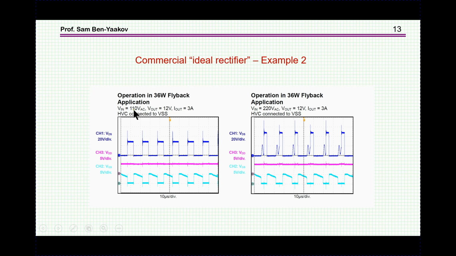Here is a 110 AC input, this is 36 watt, and for this particular flyback it's in the CCM, continuous current mode, while here, when the voltage is 220, it entered the DCM, and still we see very nice waveforms. This is again the transistor, so when it's low, the transistor is conducting. It's like a short, the voltage on it is very low, and this is when it is non-conducting.